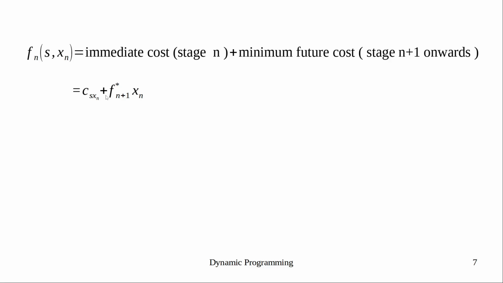From going from the second stage to the last stage. Well, you can take any decision. You can go from A to C. And then Fn+1 would be from stage number 2 to the last stage. Okay.